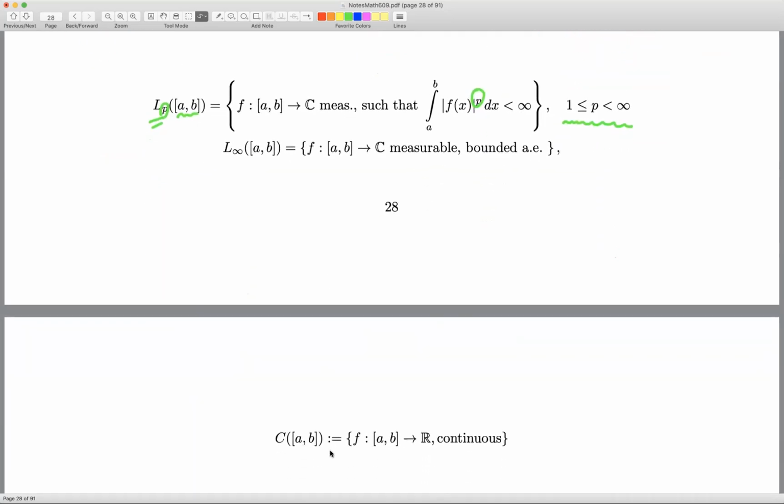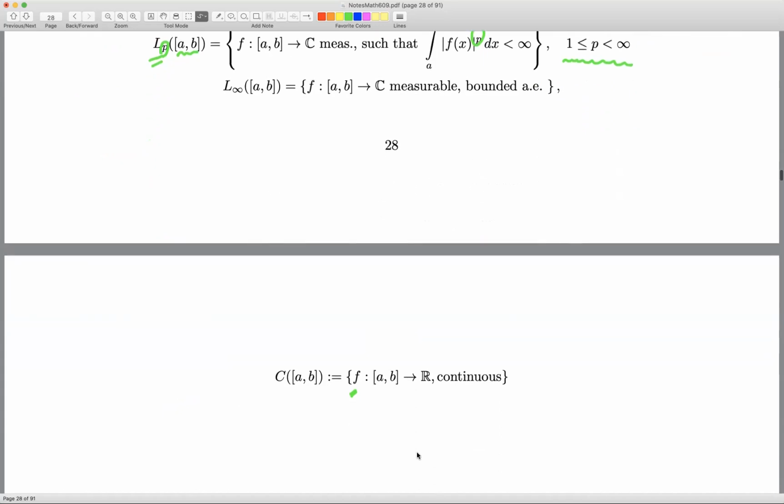Also, we will consider the set of all functions, which we will denote by C of AB. And these are the set of all functions defined on the interval AB, taking real values, and they are continuous functions on the interval AB.